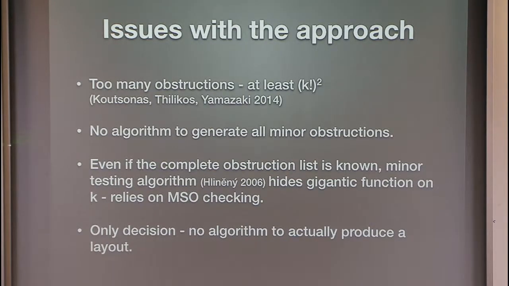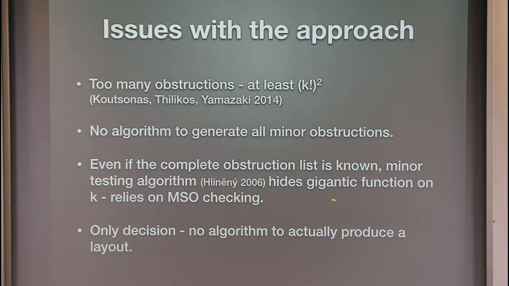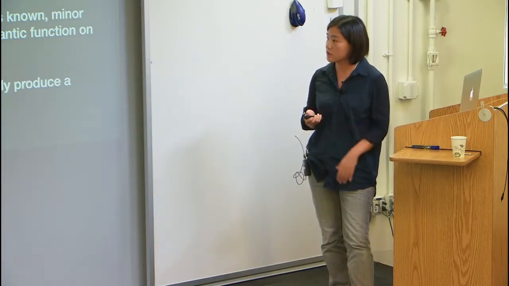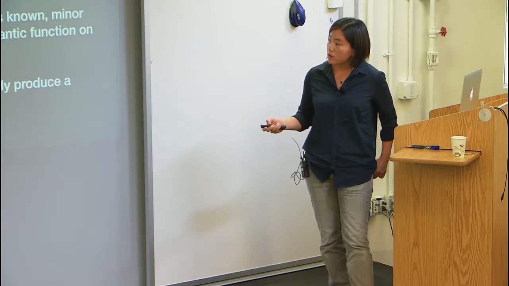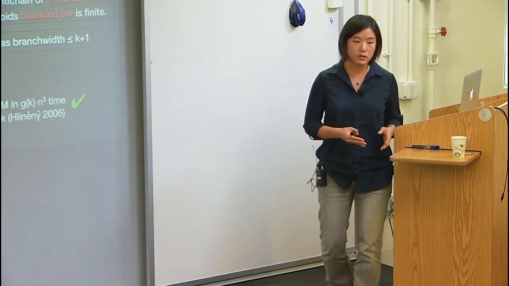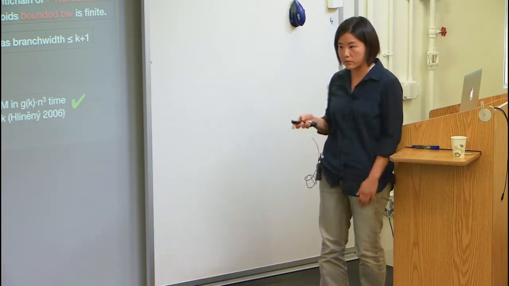And even if you know the complete obstruction list, the minor testing algorithm that we use here has a gigantic function because it uses monadic second order logic checking, so it requires huge running time. And also, what is obtained here at the end is only whether it has pathwidth at most K or not, but it doesn't actually produce the layout of the vectors.